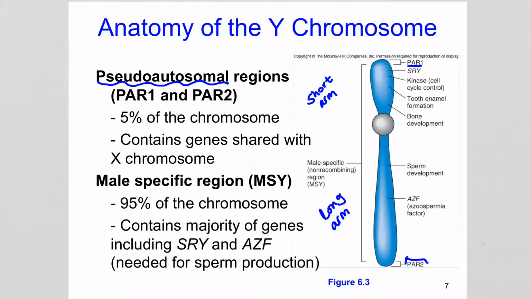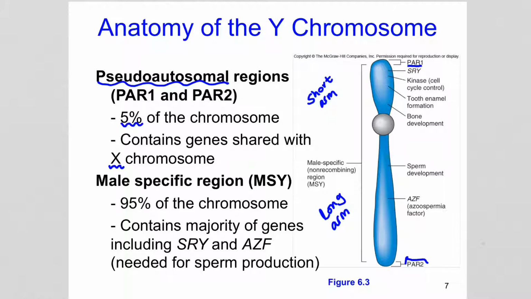And they make up only a very small proportion of the chromosome, only about 5%. And they're unique because they actually include 63 genes that encode proteins for function in both sexes. So that means we see these same exact genes on our X chromosome.